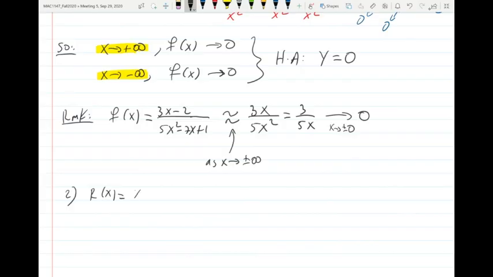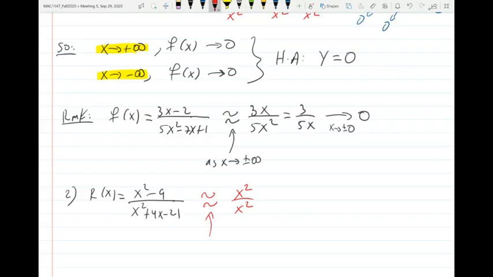So how about this one? x squared minus 9 over x squared plus 4x minus 21. Using this same approach, again, remember we are analyzing end behavior. So we can say that this function is about the same as x squared over x squared. Again, the lower degree terms don't matter.